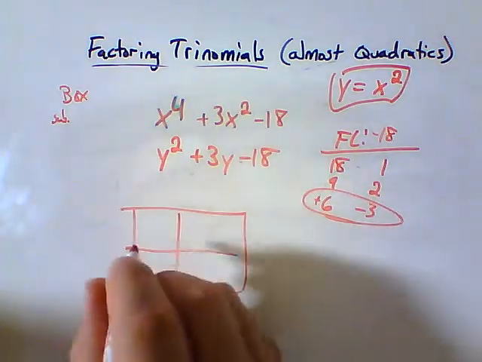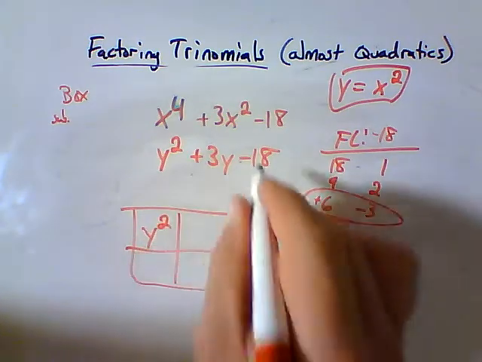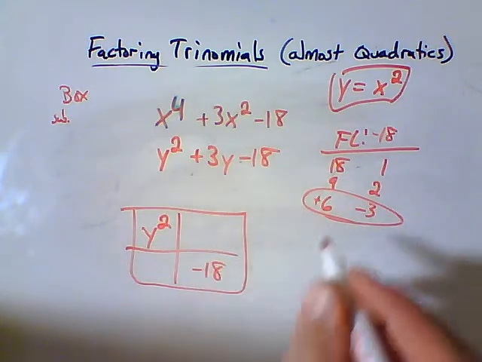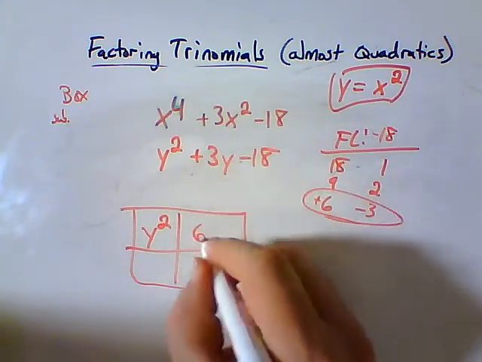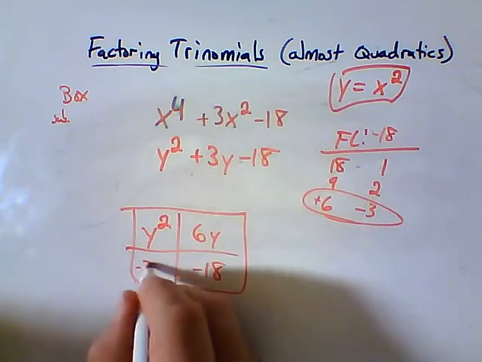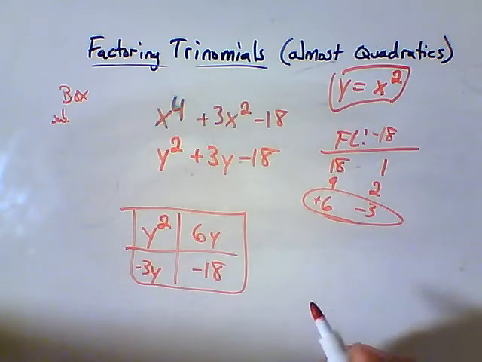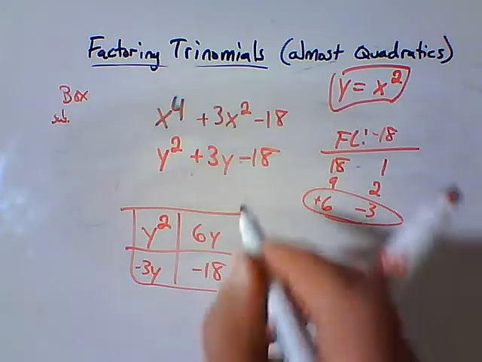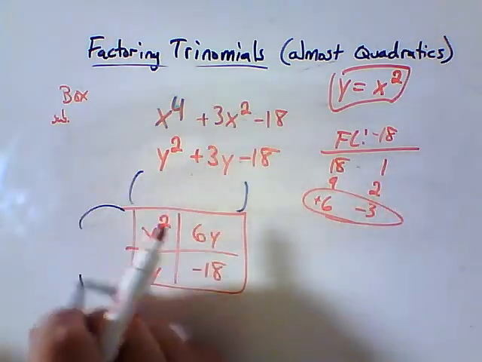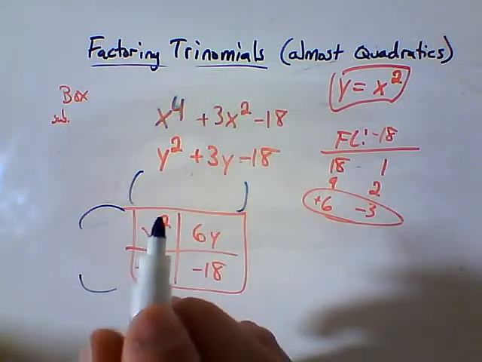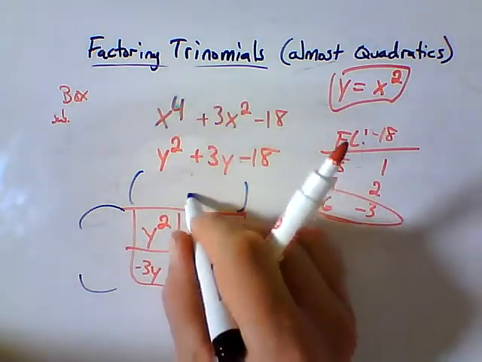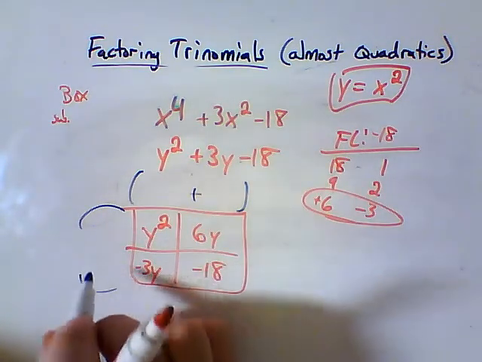Okay. Y squared goes in the first box. Negative 18 goes in the last box. I have a 6y in one box and a negative 3y in another box. Factor up, factor left. Steal signs. Don't fall. Positive, positive, positive, negative.